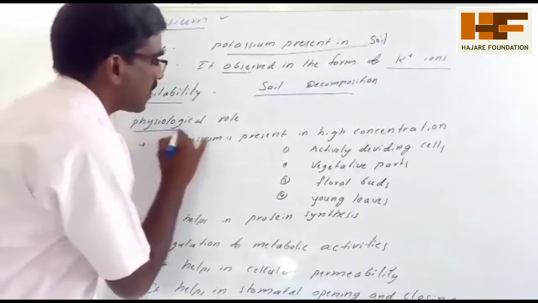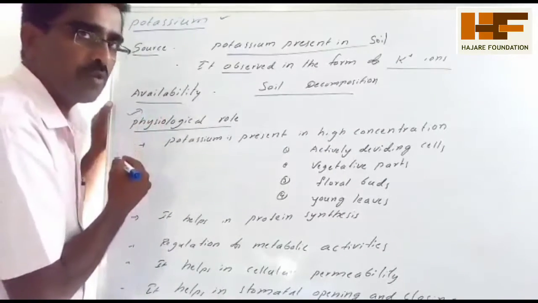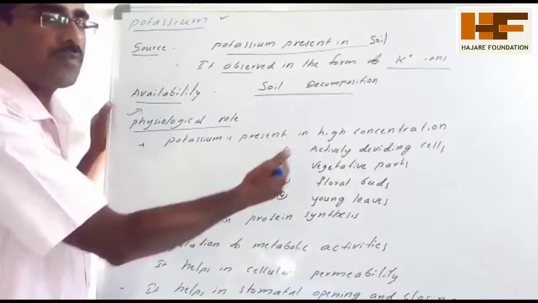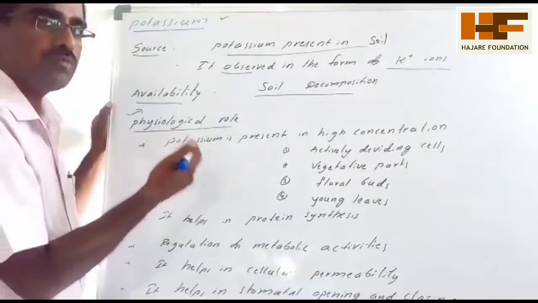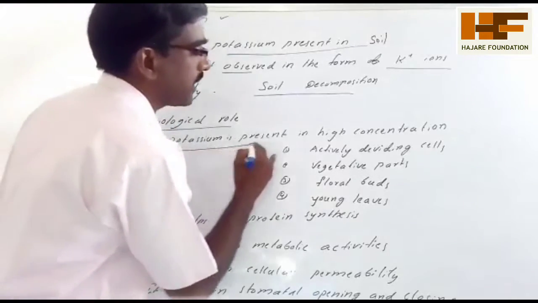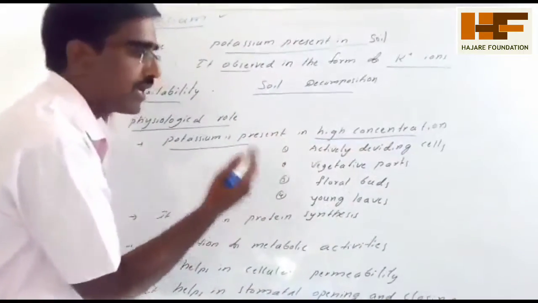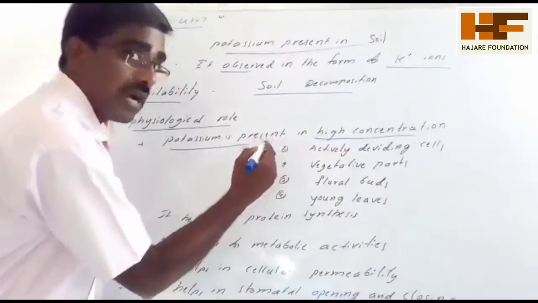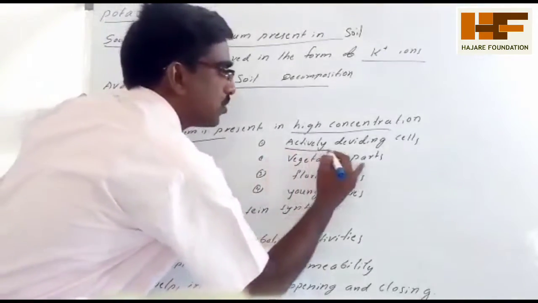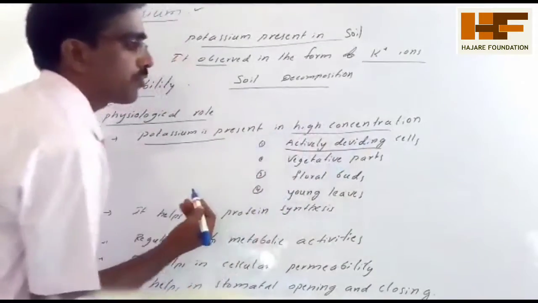Then the physiological role of potassium: how is potassium important in the plant body? What type of metabolic activities take place with the help of potassium ions? First, potassium is present at high concentration in the following parts of the plant. Actively dividing cells consist of a great amount of potassium.